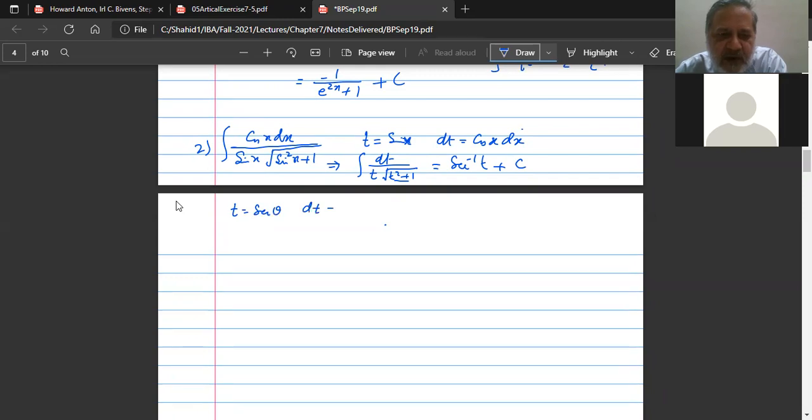That makes dt is equal to secant theta tangent theta d theta, which makes the integral look like dt replaced by secant theta tangent theta divided by t, which is secant theta.